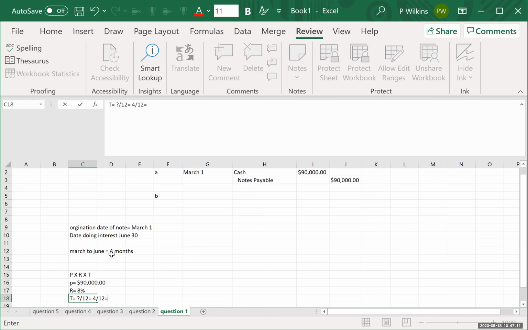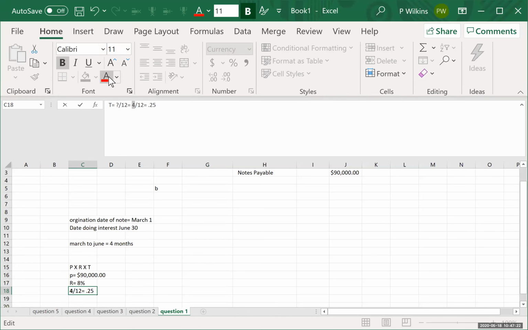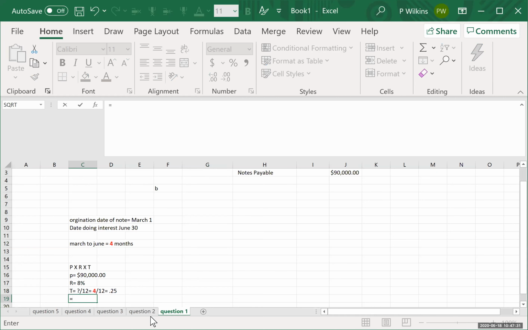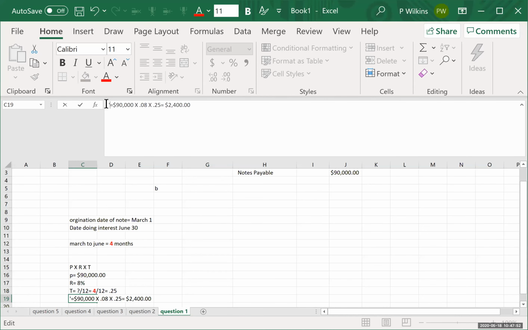So 4 over 12 reduces down to 0.25. So we have $90,000 times 0.08 times 0.25. It's equal to $2,400. So $2,400 is the amount of interest.